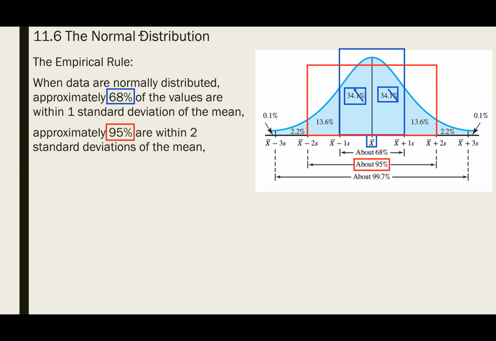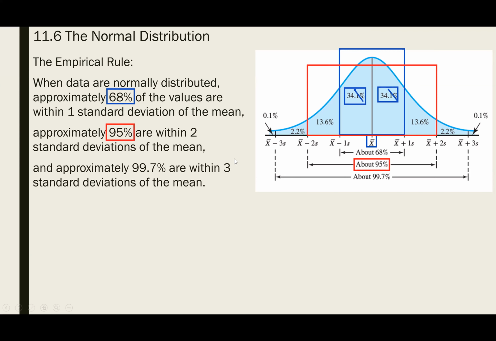And lastly, if you go up three and down three, it will consider 99.7% of your data.